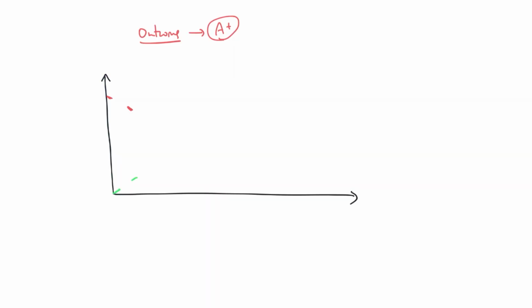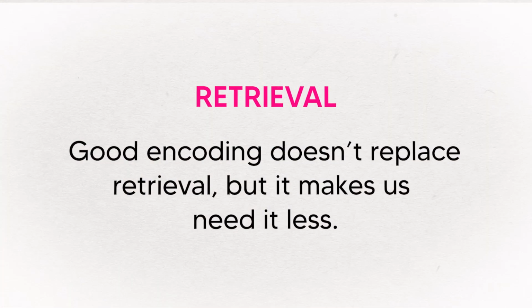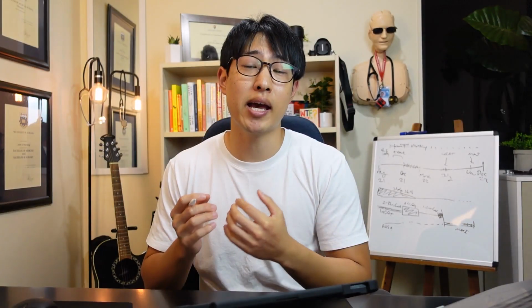So this trend really continues, so that as our encoding gets better and better and better, our need for retrieval reduces. So we need less and less retrieval. So when our encoding is really, really good, we will still need to do retrieval, but we just need less of it. It doesn't have to be as frequent.